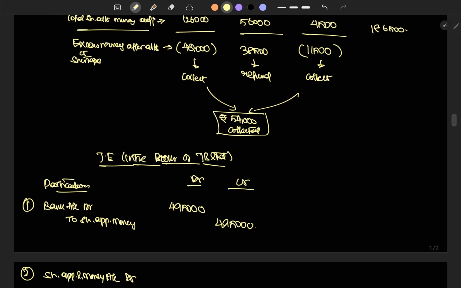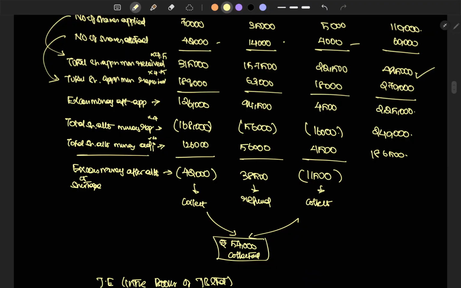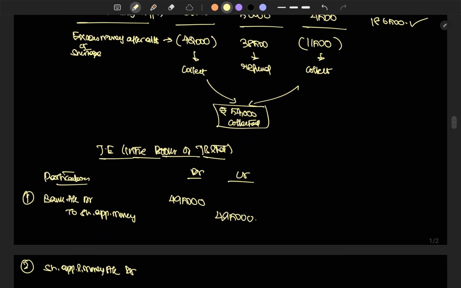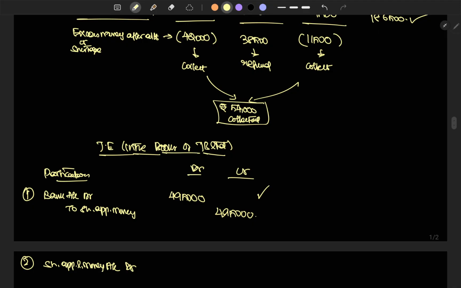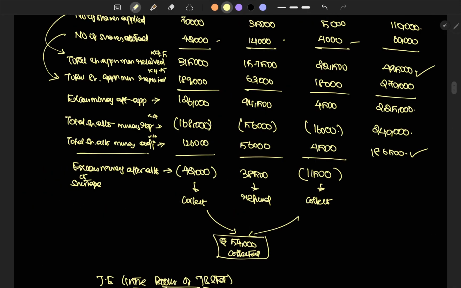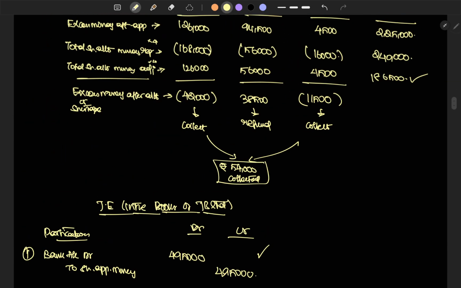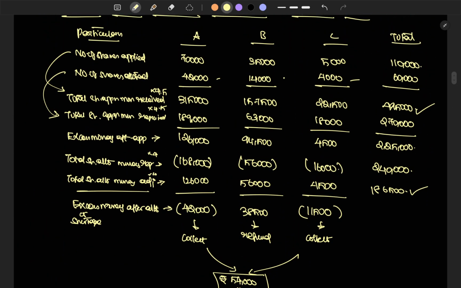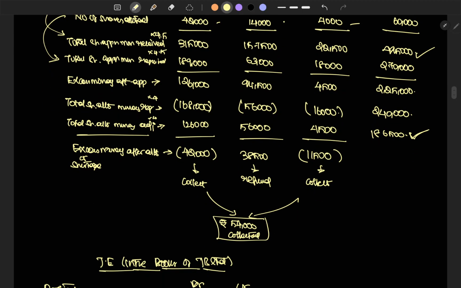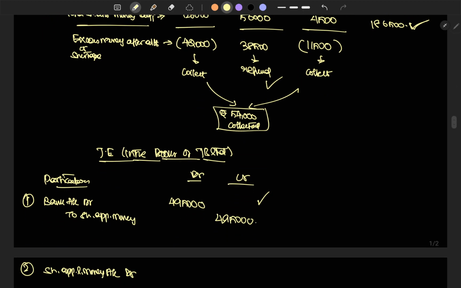Okay, what else we have done? We have done adjustment with this money. We have to allot the shares, we have to adjust the allotment, and whatever money we have in excess has to be refunded. Okay, these are the three entries we have to cover here.